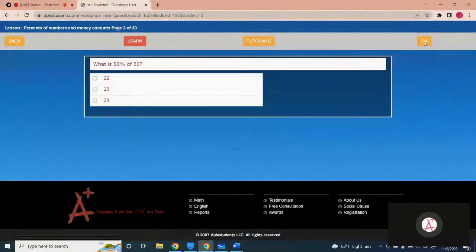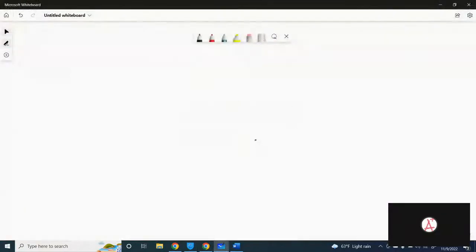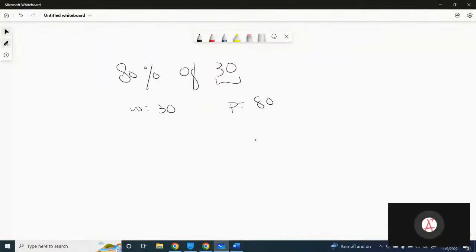Okay, next one is, what is 80% of 30? You have to calculate 80% of 30. Okay, the whole number is 30, and you have to calculate the part of 30, that is 80%. So it would be n over 30 equals 80 over 100. Got it?